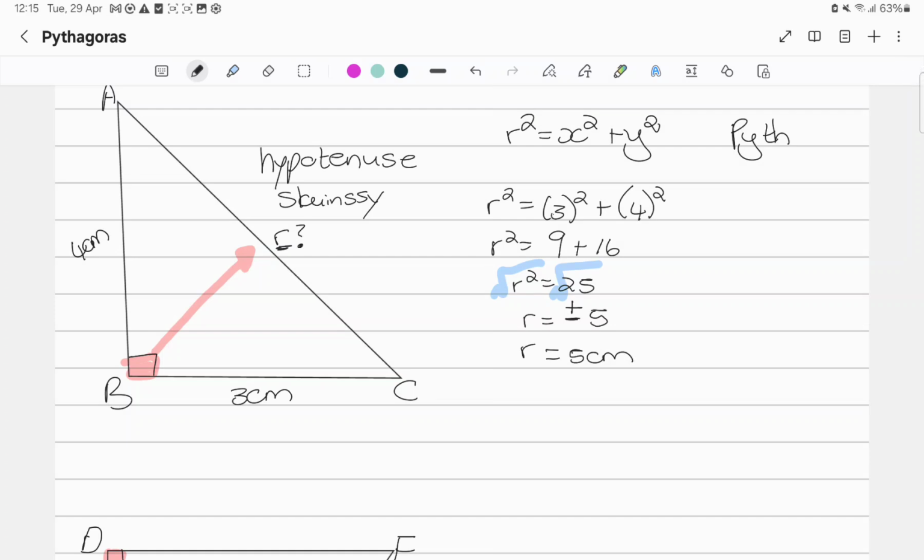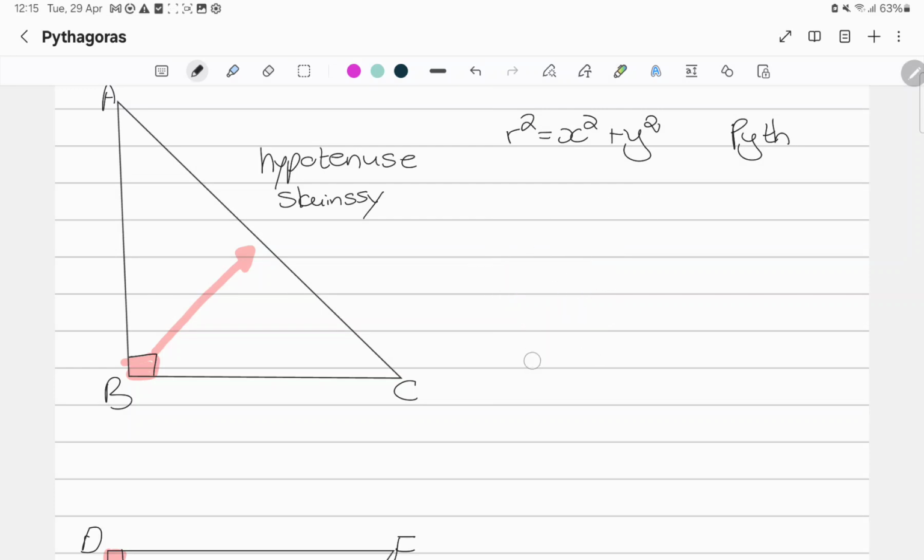Alright, now let's switch it up. Let's say now they tell us that this side is 5 centimeters, this one is 4 centimeters, and we do not know what AB is. So I want to calculate AB. What is my hypotenuse? What is my skynsy?